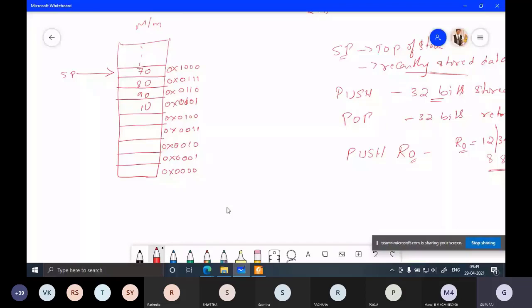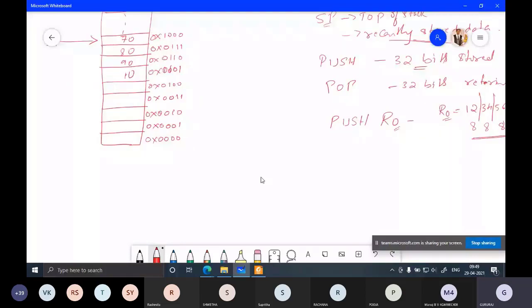But that should not happen. There should not be any loss of data. That is why, whenever there is a push operation, first the stack pointer, which is R13, will be decremented by 4.